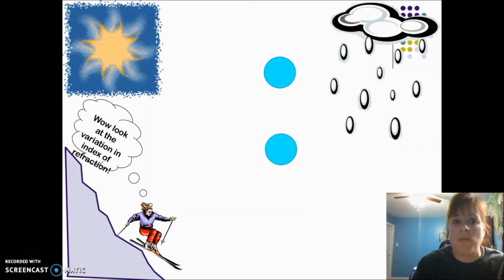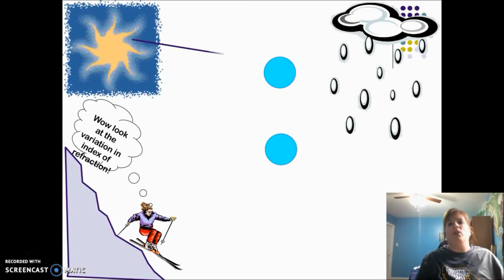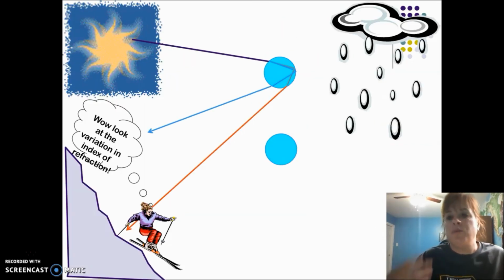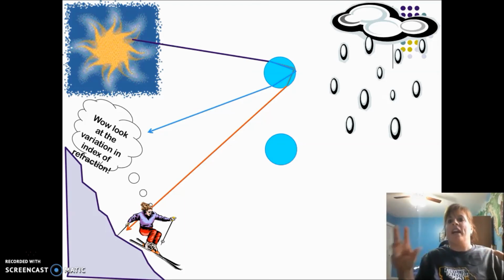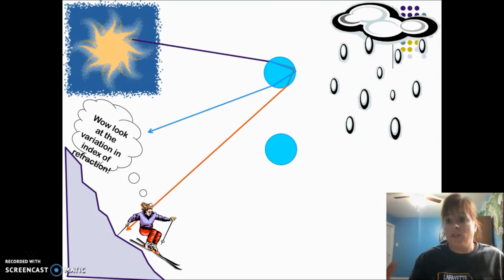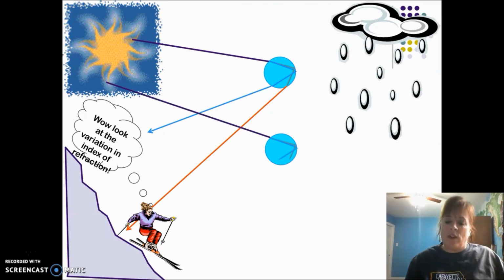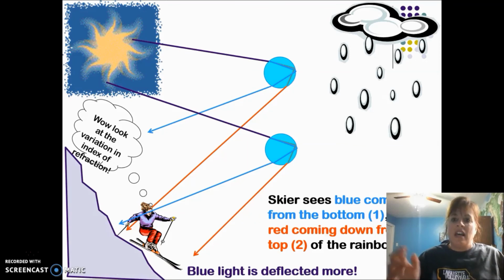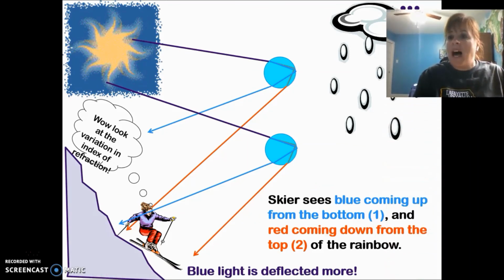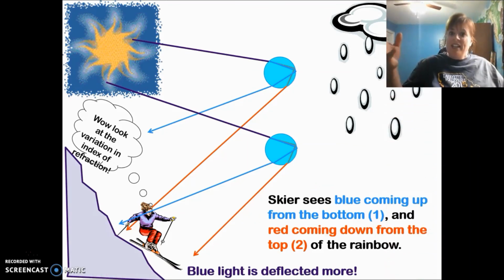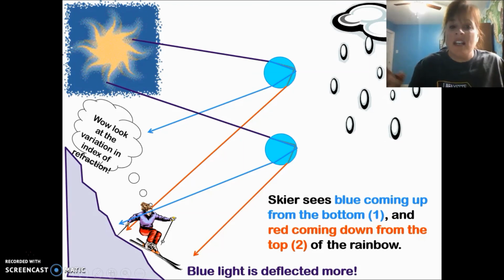This is also true for rainbows. If you look at a rainbow, light travels through all the air droplets that are left after the rain. Some of it totally internally reflects. The light gets spread out into its different colors because each wavelength bends differently. When you look at a rainbow, the blue is actually on the bottom and the red is coming from the top. That's just because blue bends more.